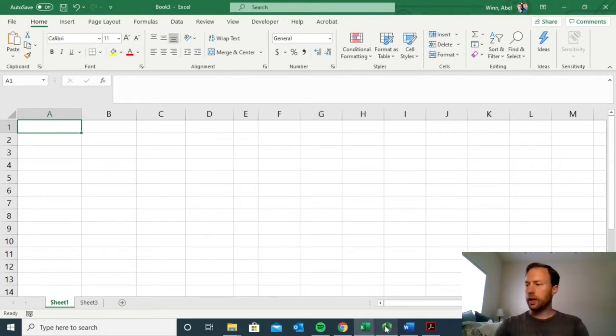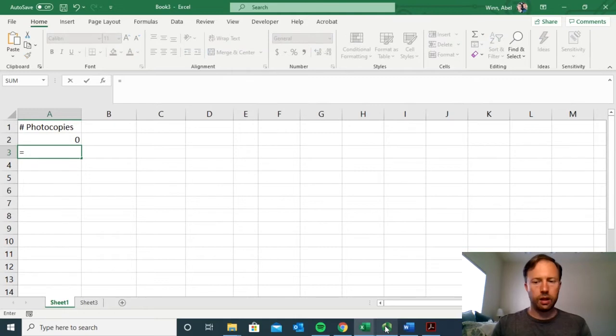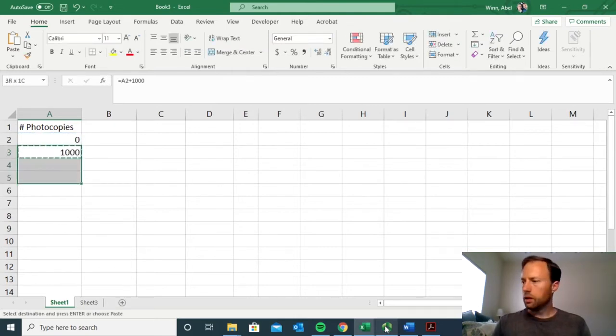So let me reproduce that table for you. You've got number of photocopies per month, 0, and then goes to 6,000.